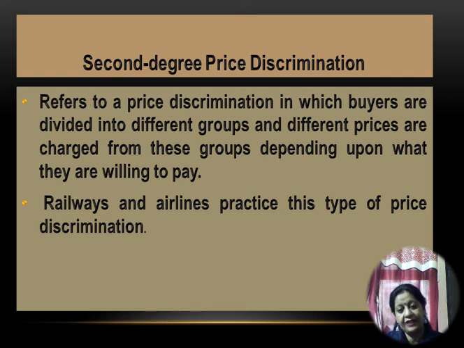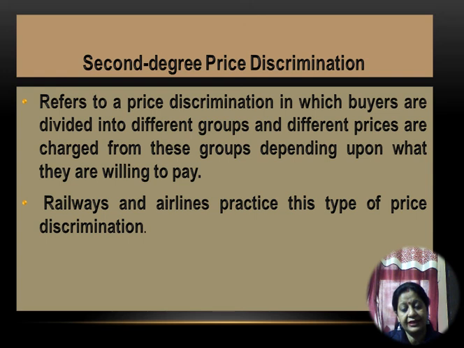In the same way, if we talk about the airline services, then there are different classes: economy class, business class. They charge a different fare from economy class, and a different fare from business class. So that means they are charging different prices to different groups of buyers for the services which they are going to consume. So this is known as second degree price discrimination.